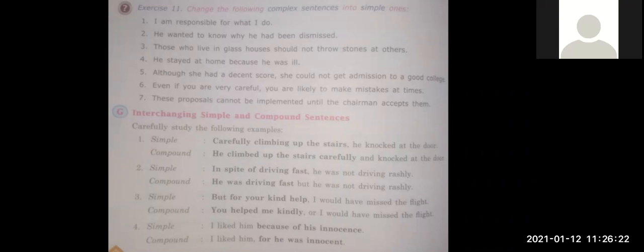That's what we need to understand. Let's see the next one, a simple sentence. I liked him because of his innocence. Because of his innocence, and we can also say it like this, I liked him for he was innocent. Right? So let's see further what we get in the next slide.